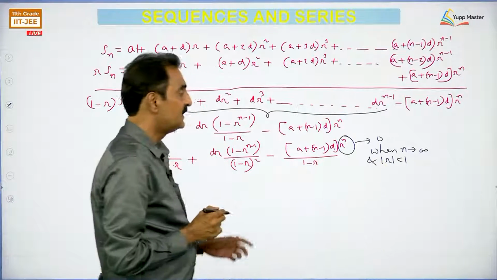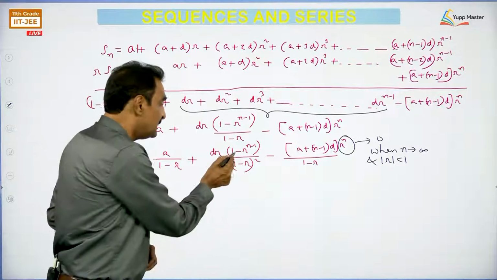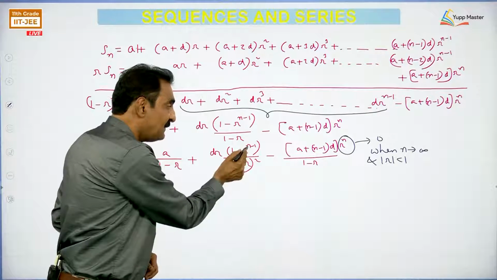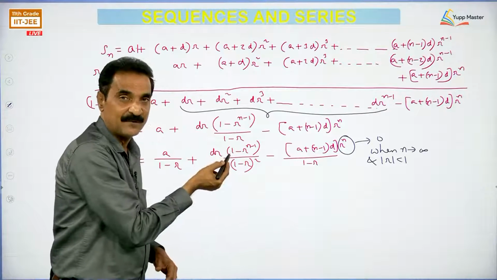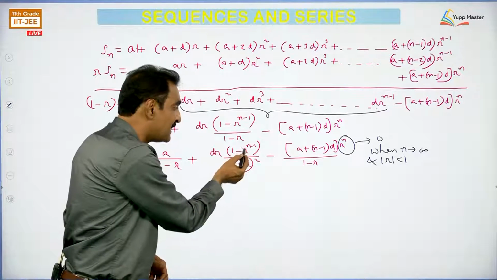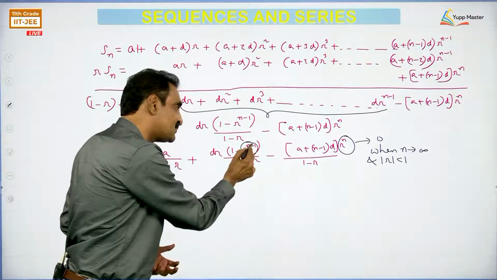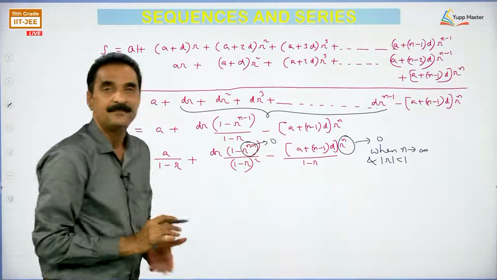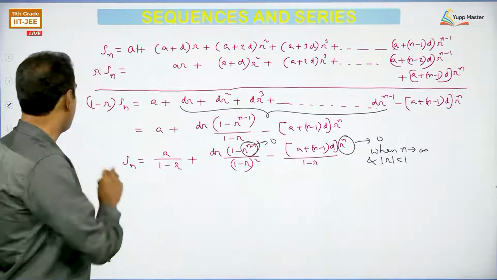Alright. Similarly, here if n tends to infinity, n minus 1 also tends to infinity. So, this becomes r power infinity, which tends to 0. This part also tends to 0. Then what will be the sum of the series?